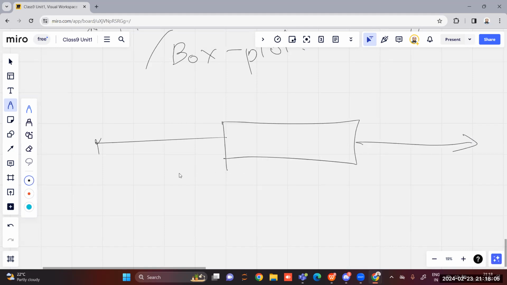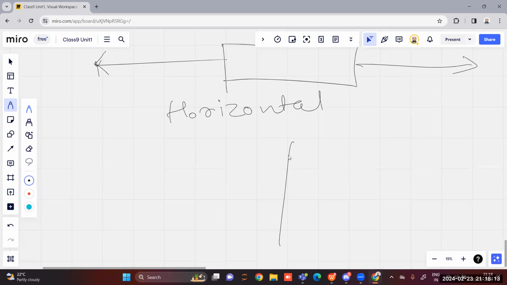This is a box plot. It can be horizontal or it can be vertical. It depends upon how you are plotting it. So it is very easy to plot it.